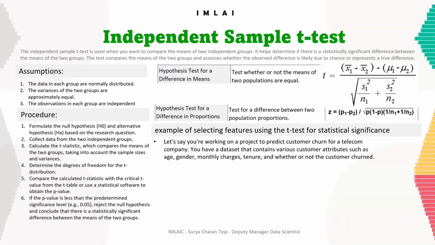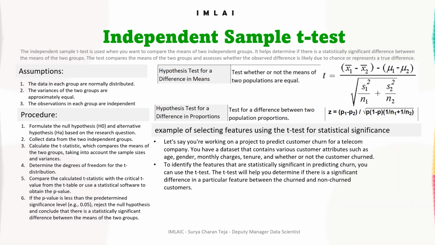Now, how to handle this problem? To identify the features that are statistically significant in predicting churn, you can use the t-test. The t-test will help you determine if there is a significant difference in a particular feature between the churned and non-churned customers. For example, you can perform a t-test on the monthly charges feature.